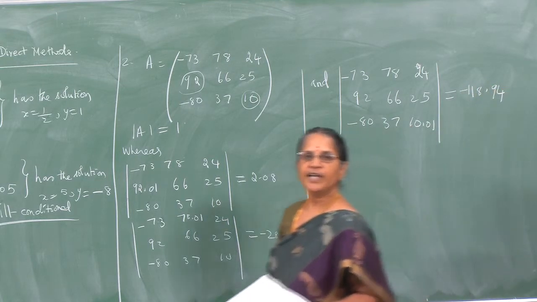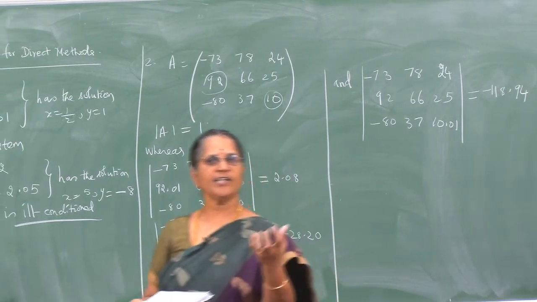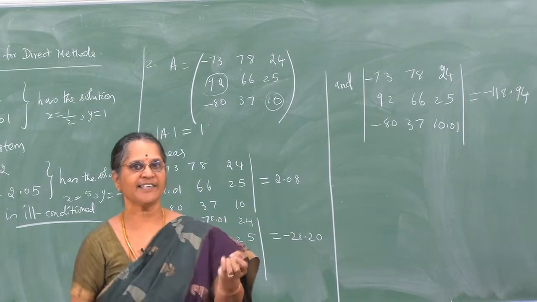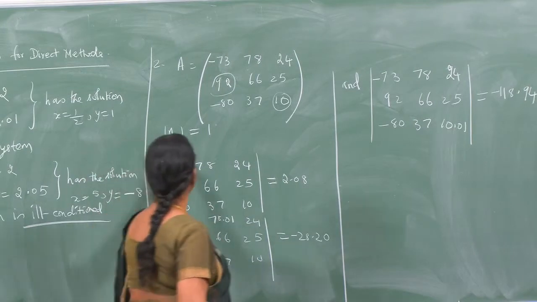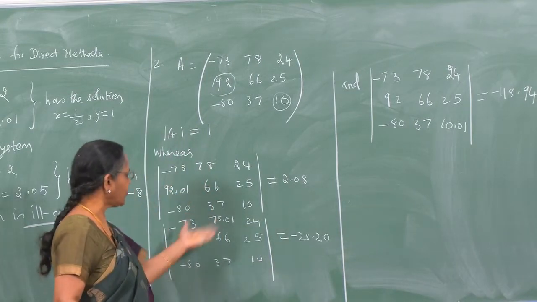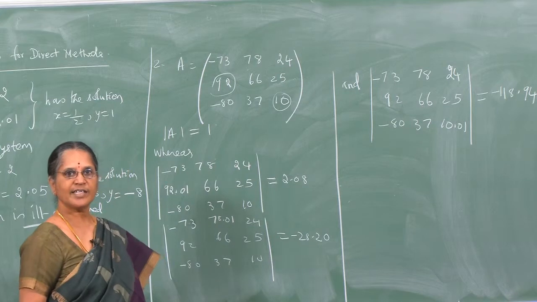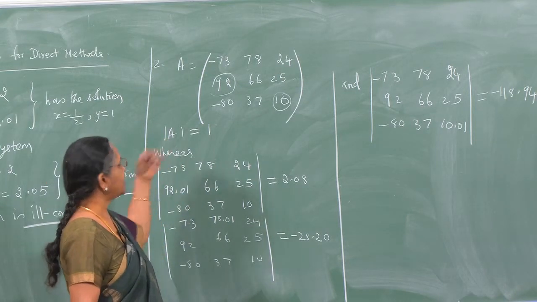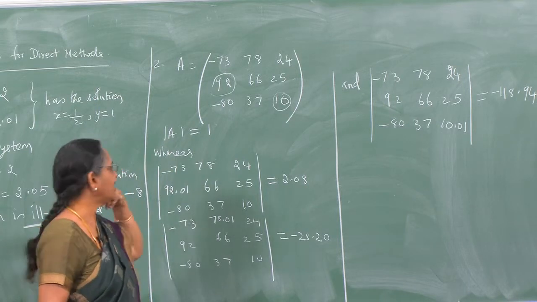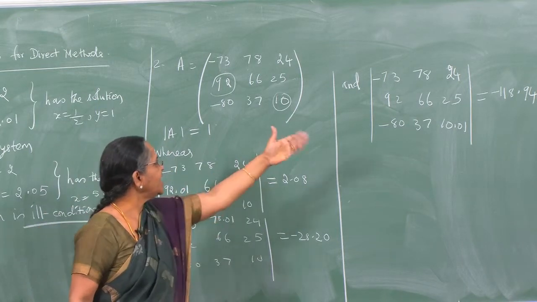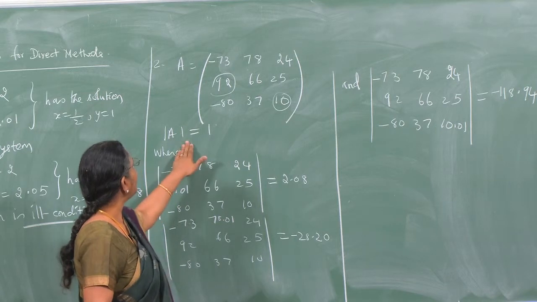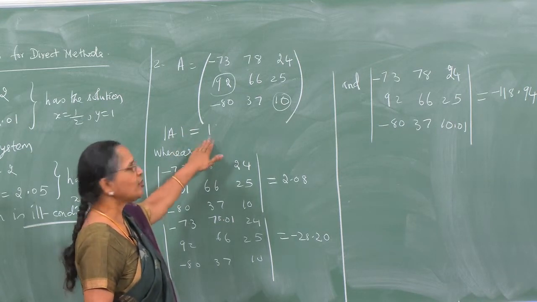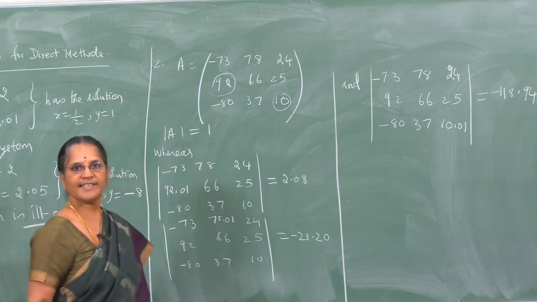We have made only small changes in one of the entries in any one of the 3 rows in each of these cases that we have considered. But we observe that the value of the determinant of A has large deviations from the value, namely determinant A equal to 1 for the given matrix A.